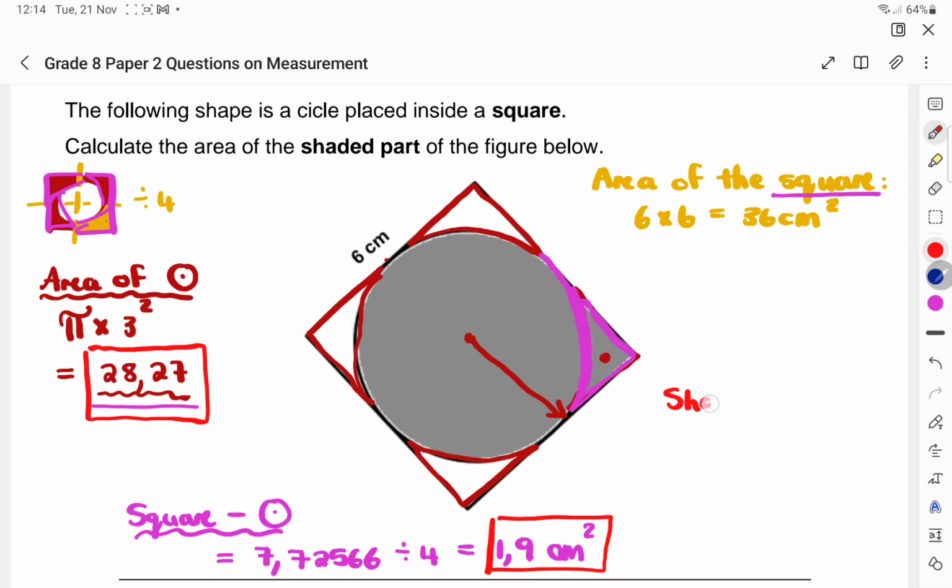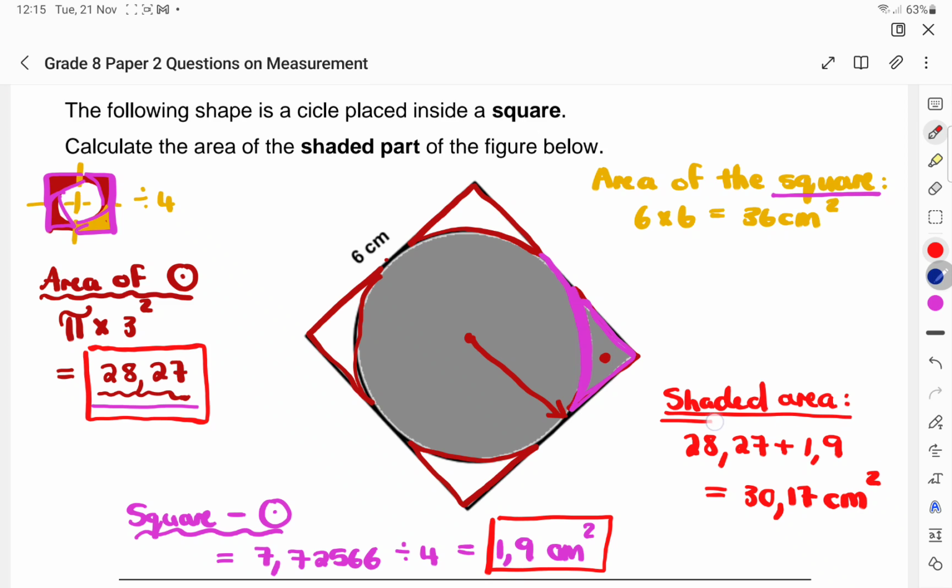Okay, so the shaded area is going to be the area of the circle, which is 28.27, plus the area of one of those little corners, so 28.27 plus 1.9 gives you 30.17 centimeters squared. And there is your answer.